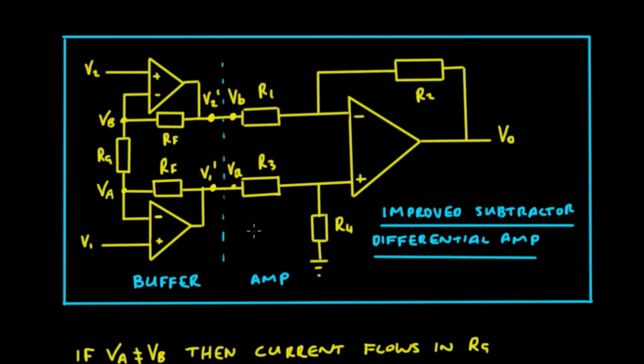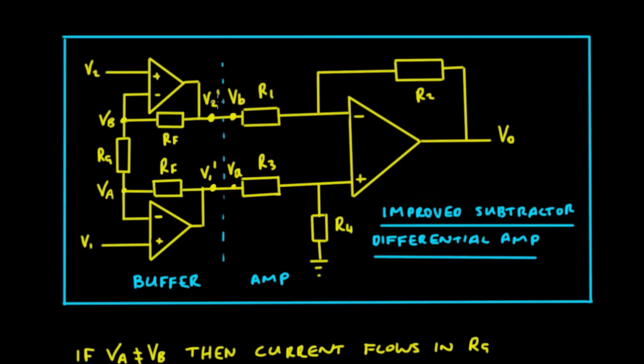It can be split into 2 sections really: a buffer section here and an amplifier section here, and we'll analyse it by splitting it into those 2 sections. We'll call this point here V2 dash, and the voltage there V1 dash. The rules of an op amp tell us that the voltage V2 should equal the voltage at VB, and the voltage V1 should equal the voltage at the point VA.